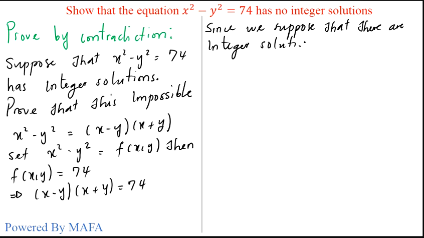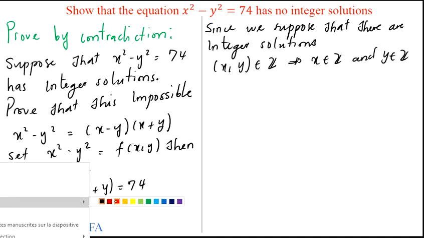what does it mean? It means that my x and y belong to the set of integers. If x and y belong in the set of integers, it means x is an integer and y is an integer.